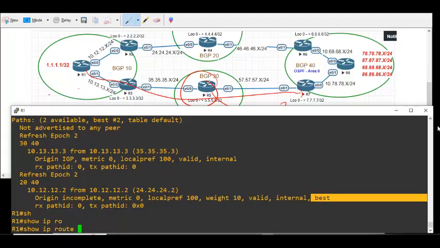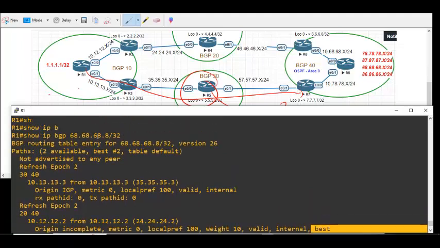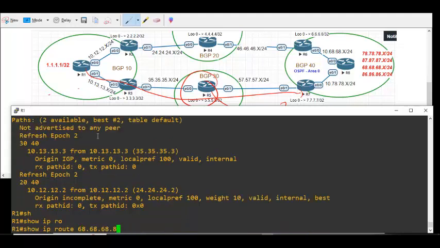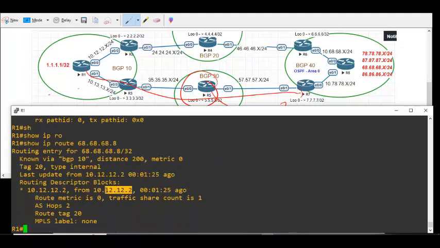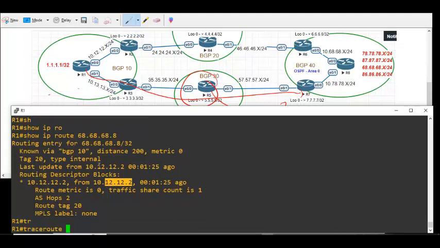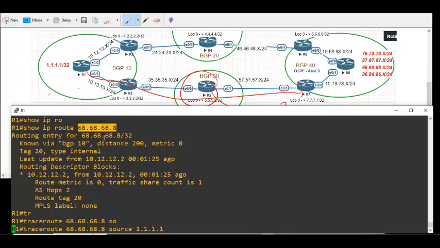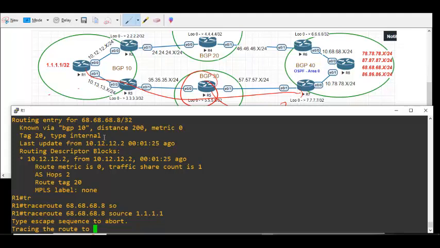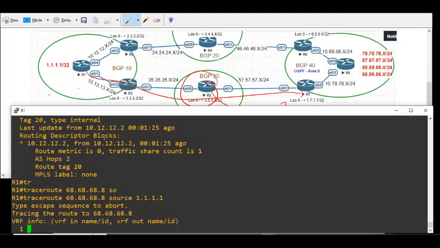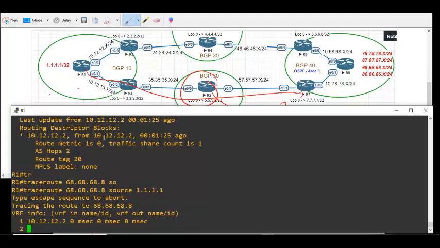It will go via router 2. See, it goes via router 2. We did not shut down any neighbor. In fact, if you go to the BGP table, you will see both the paths, but only the best symbol is shifted to router 2 instead of router 3.